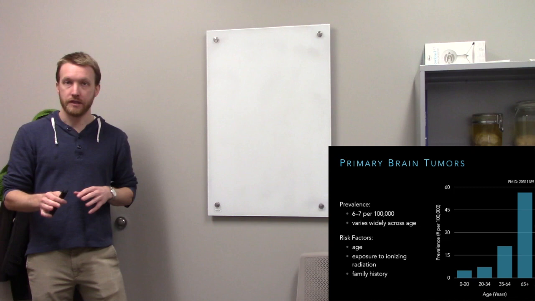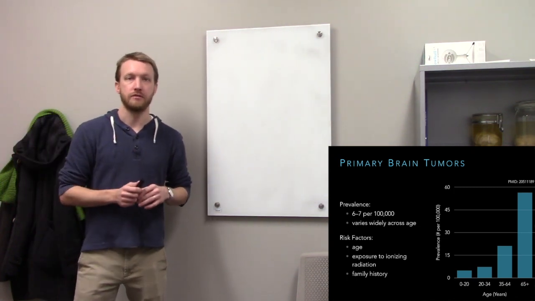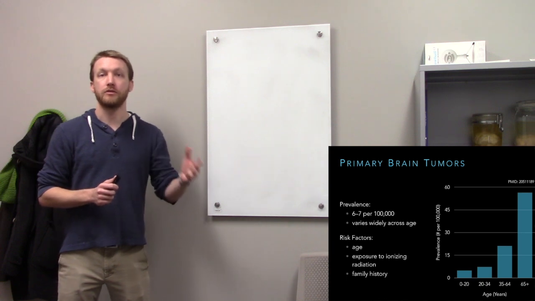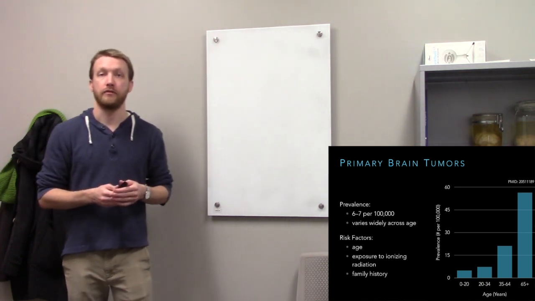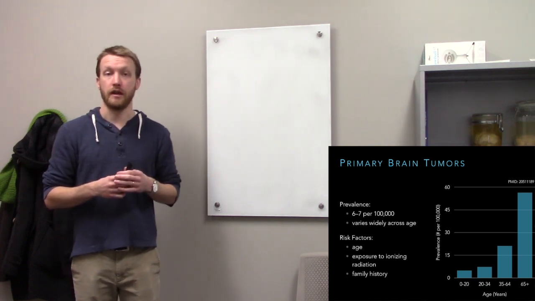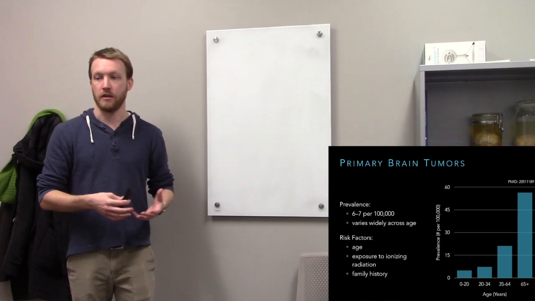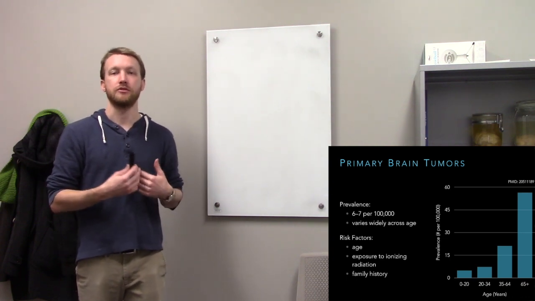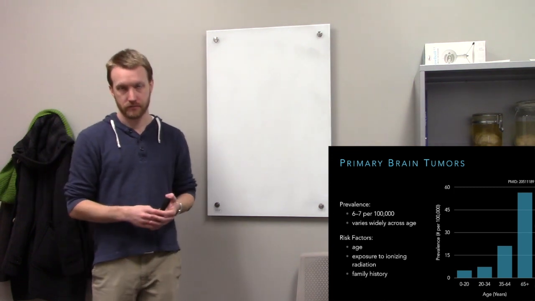Now with primary brain tumors, you can see that the prevalence varies across age. That's fairly clear here. The older you are, the more likely you are to have really any kind of cancer. So when you see clinical signs in much older patients, the general rule of thumb is to assume it's cancer until proven otherwise, or if there's a good reason to think it's something else.